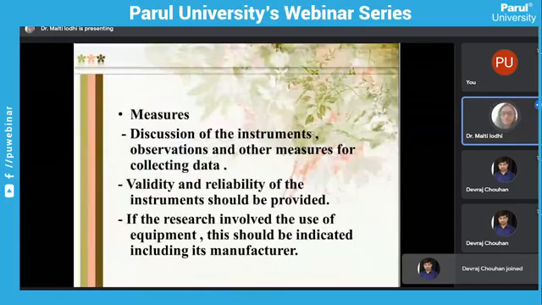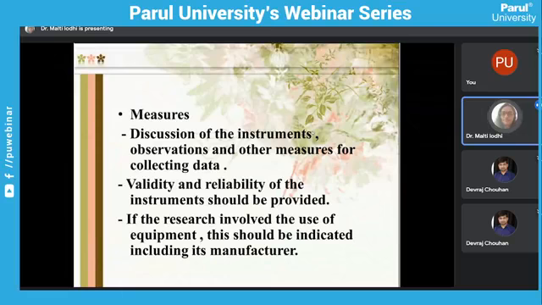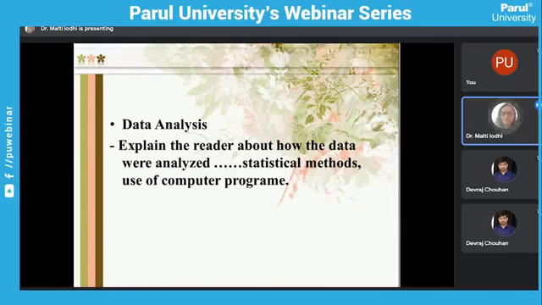Measures: what measures have been taken by the researchers. Instruments: what instruments or tools have been used. Validity and reliability of instruments has to be provided or not. All these things have to be remembered. Then data analysis: whether statistical methods or computer programs were used for analyzing the data, it depends.